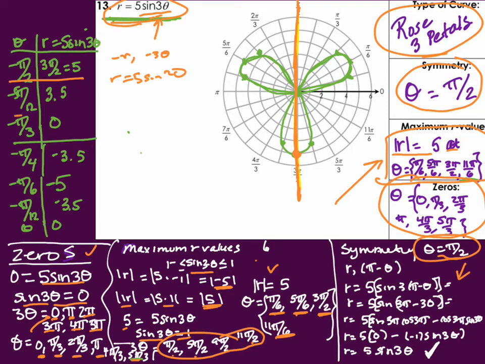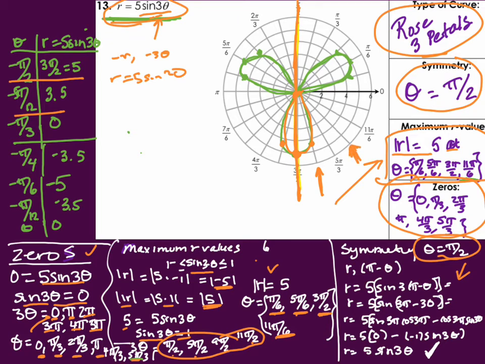Okay, so I went to negative 5 pi/12, which is this angle right here, and that came out to be 3.5. So a point there, and its symmetry would give me a point there. Going to negative pi/3, I'm already at 0, so that means there's a petal. Got that first petal. Now, making my way around, I go to negative pi/4, which is this point right here.